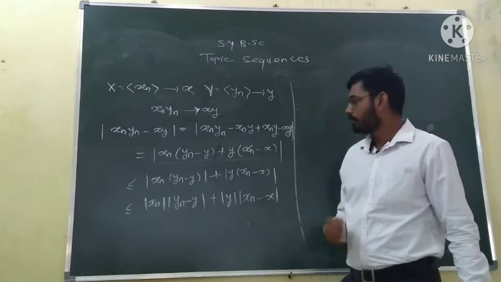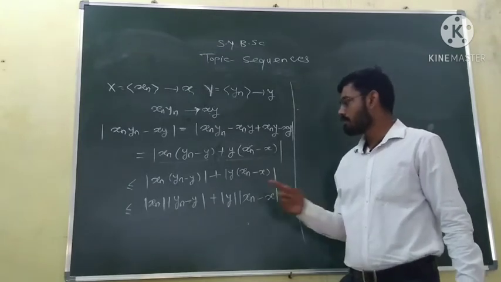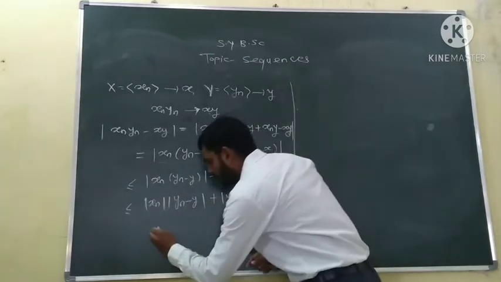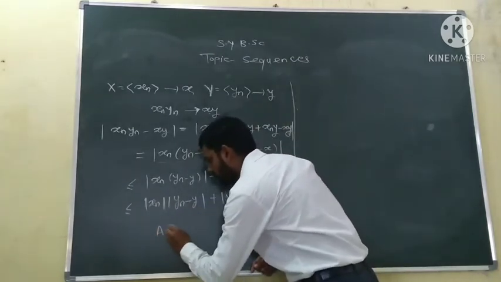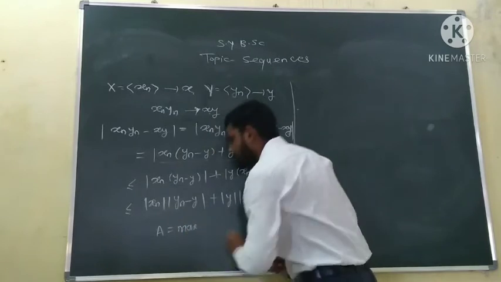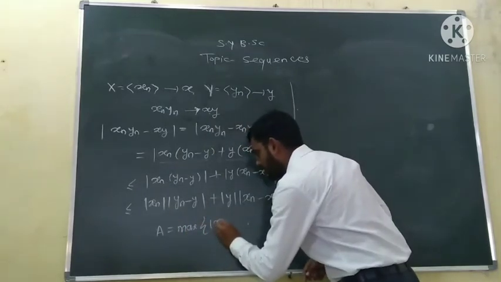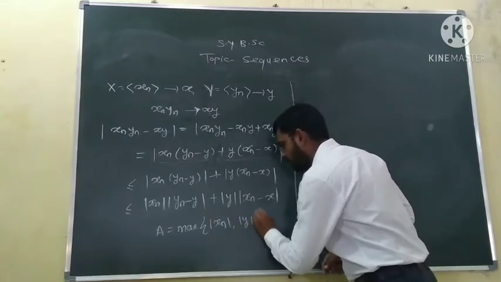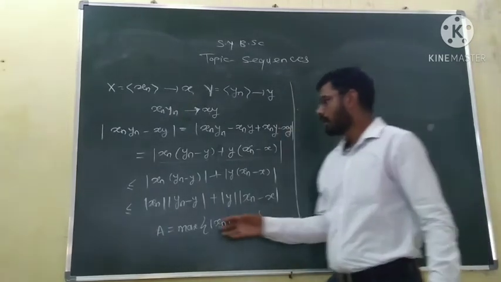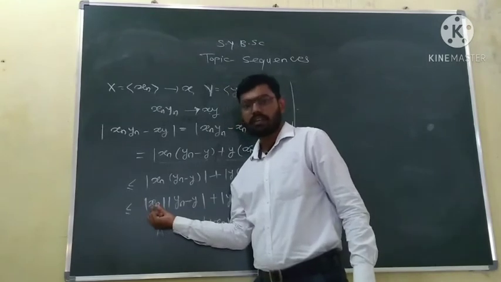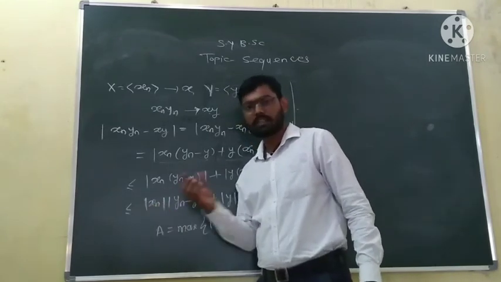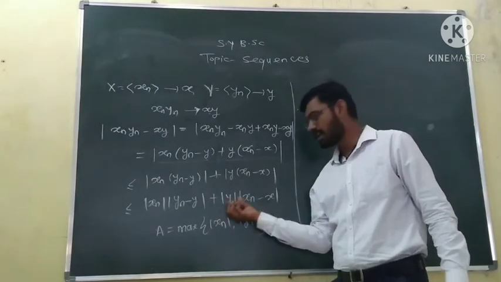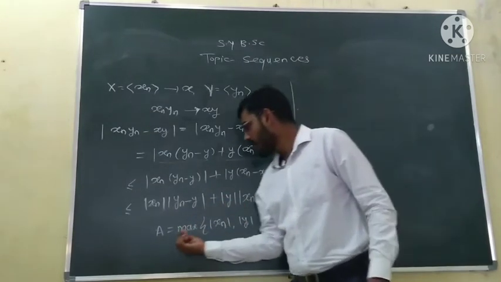Now we take a number which is the maximum of mod of xn and mod of y. So we write a equal to the maximum of mod of xn and mod of y. Since the sequence xn is bounded, mod of xn is some real number, and mod y is also some real number, so we take the maximum of these two.